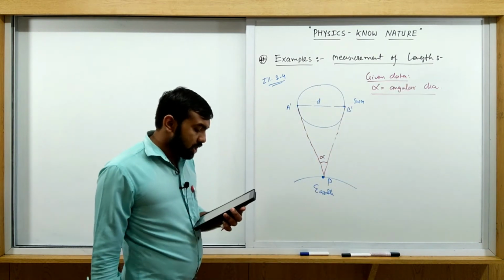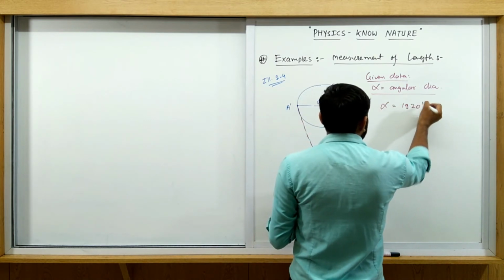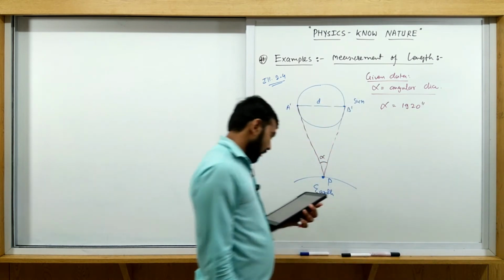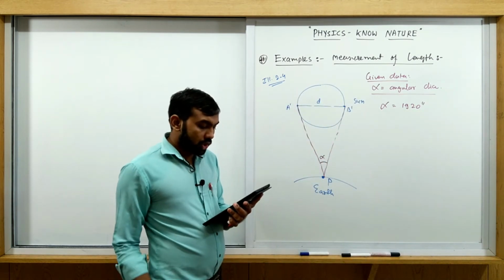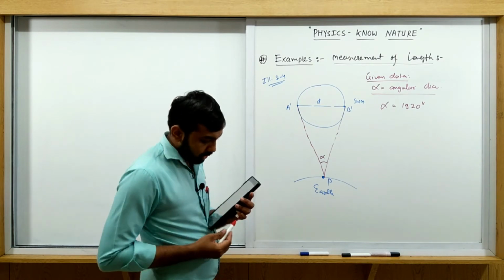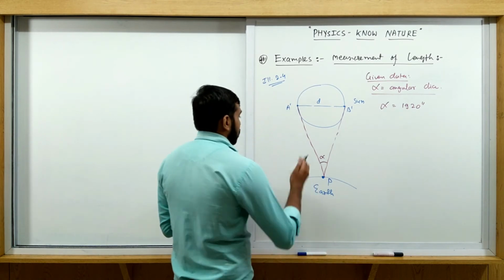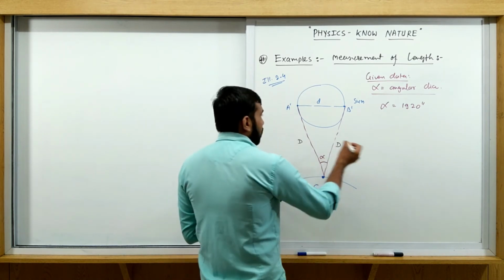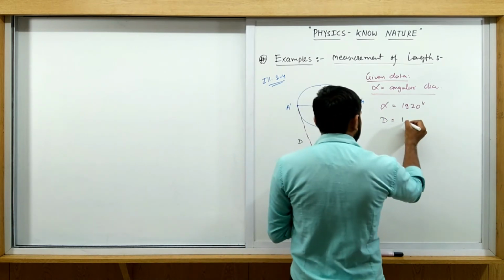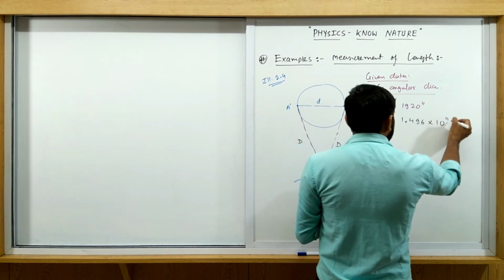So alpha is equal to 1920 seconds. The distance D of the sun from the earth, capital D, is given in the problem as 1.496 multiplied by 10 raised to 11 meter.